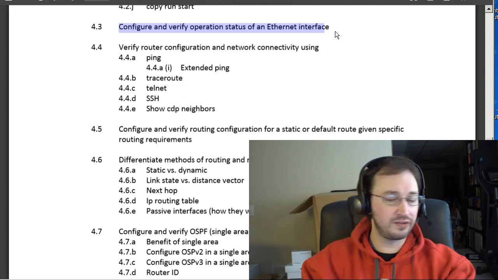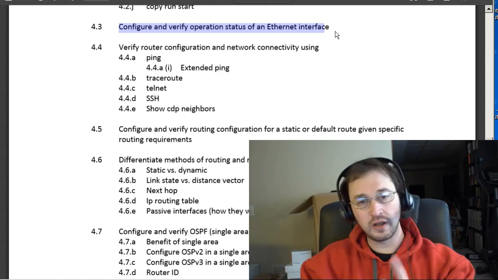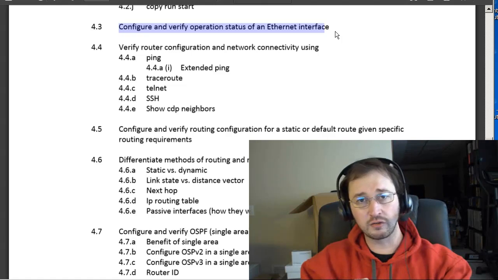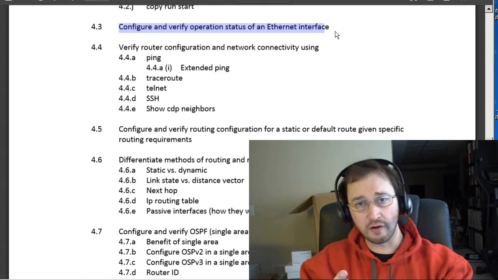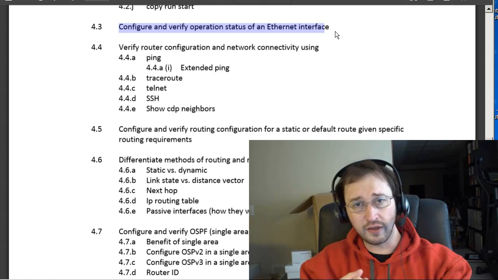So this is going to be things like going into global configuration mode, interface configuration mode, and doing things like putting an IP address and a mask on an interface, doing a no shutdown command, maybe putting a description on an interface, setting the speed and duplex on an Ethernet interface.